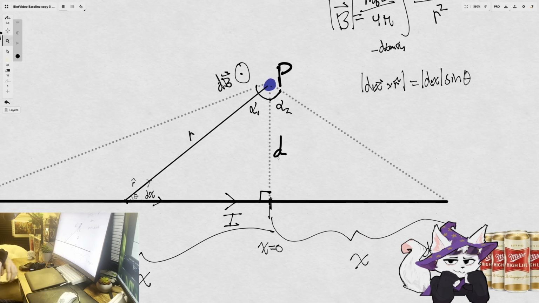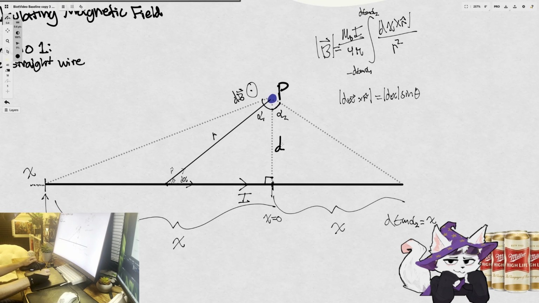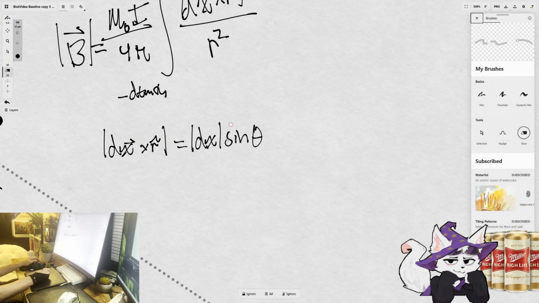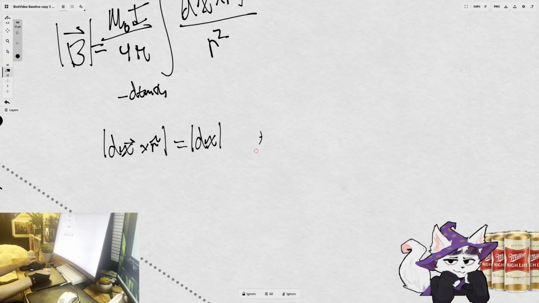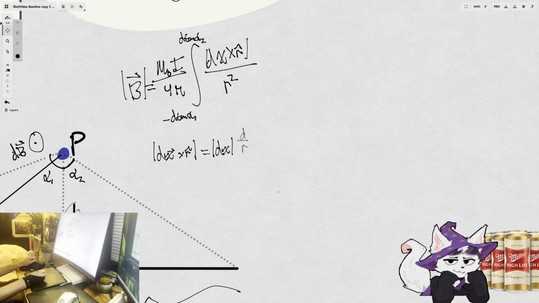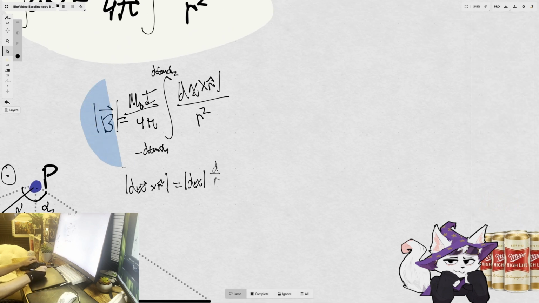Luckily for us, I set it up so that we have a right triangle here, and it'll be easy to identify that the sine of this is simply opposite, which is going to be our d, divided by our r. So sine of theta is going to end up being d divided by r, the distance to our point P. So finally, let's rewrite this entire integral and plug in our new values.